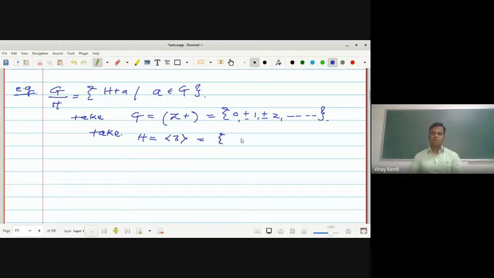What are the elements of this one? 0, plus minus 3, plus minus 6, up to so on.